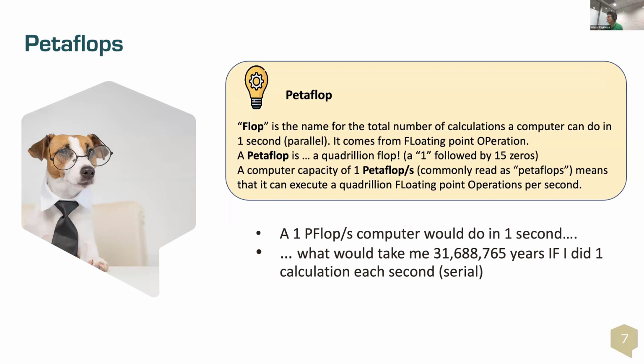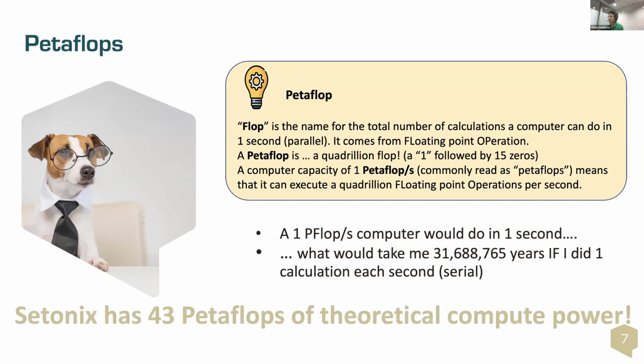So that's huge. And Setonix has a theoretical capacity of around 43 petaflops, although the real testing is a little bit below that. So it's around 33, or we can round it to 30 petaflops.